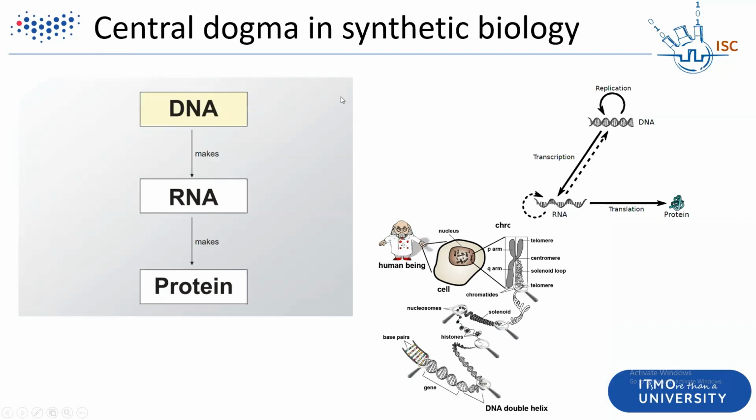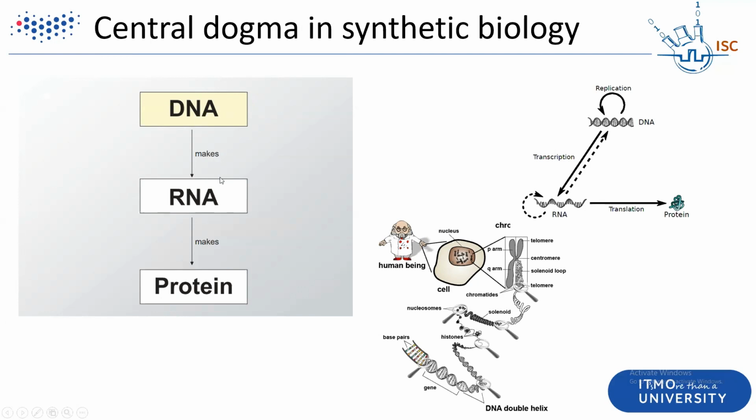So this is just a main idea, and what is the main idea? Our central dogma in synthetic biology. The central dogma in synthetic biology includes DNA, RNA, and the protein. You have the gene, and the gene is transcribed.